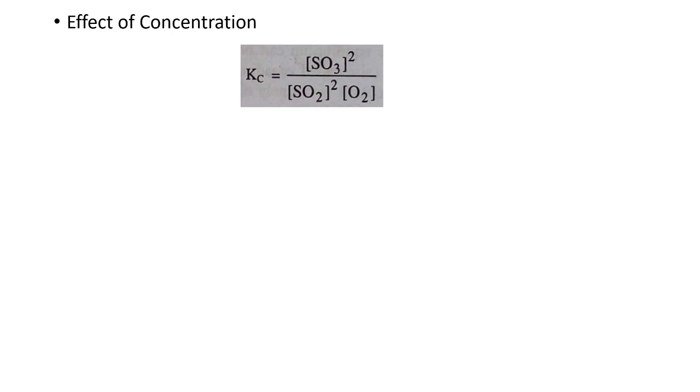Now, however, in practice, the aim is to get the maximum yield of sulfur trioxide from a given amount of SO2. Therefore, oxygen is used in greater proportion. Here, not only does the concentration of sulfur dioxide have to change, but the amount of oxygen is also needed at a higher level.